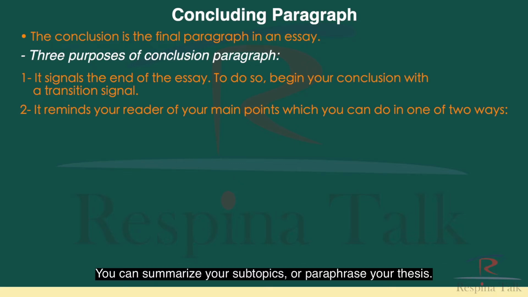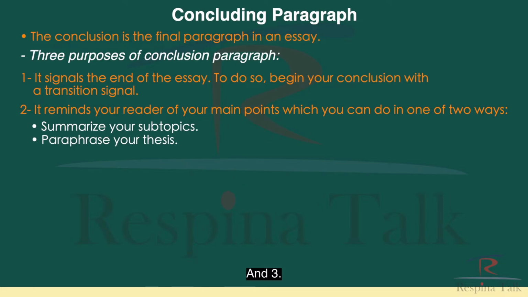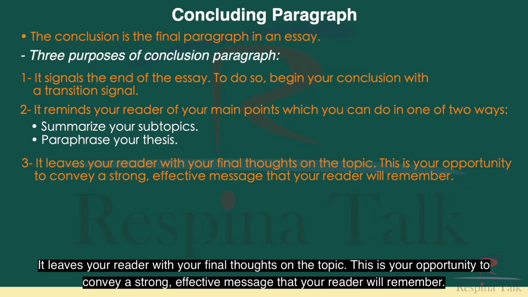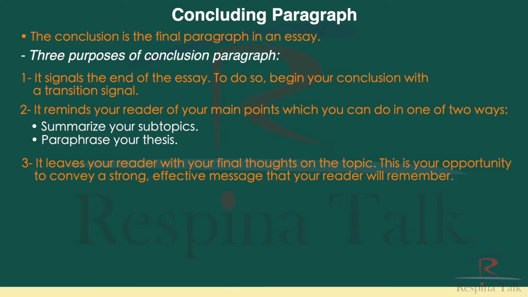You can summarize your subtopics or paraphrase your thesis. And 3, it leaves your reader with your final thoughts on the topic. This is your opportunity to convey a strong, effective message that your reader will remember.